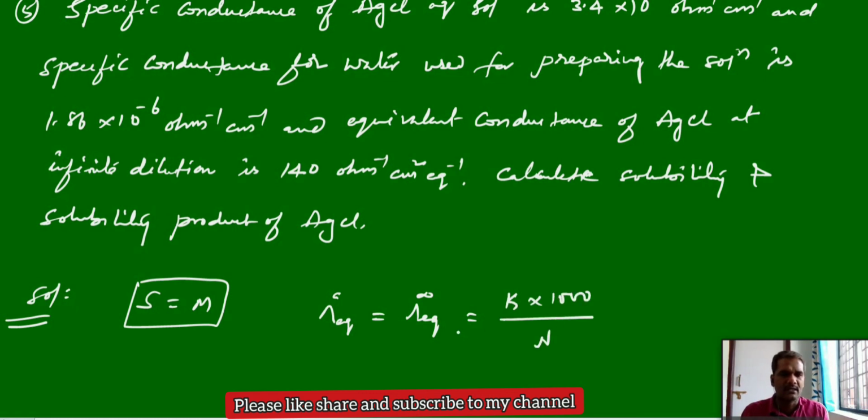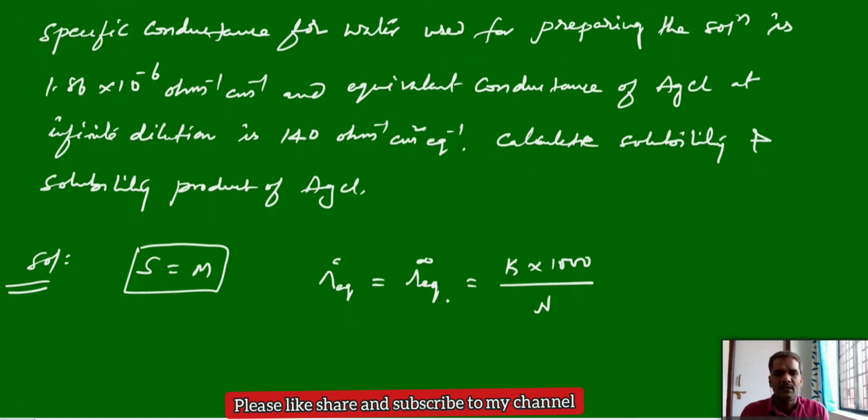Again we have to calculate normality, but in the case of AgCl, molarity is equal to normality only, where the n factor is 1. One more point here: we have to apply the equivalent conductance of AgCl only.